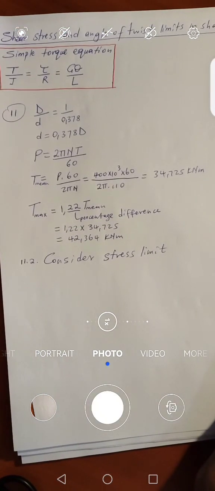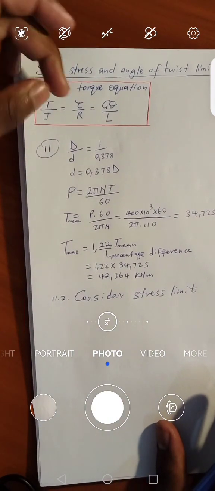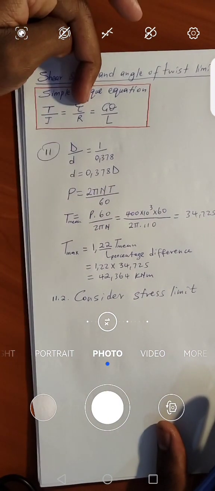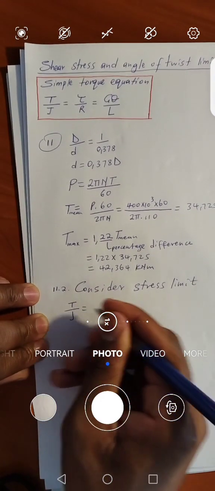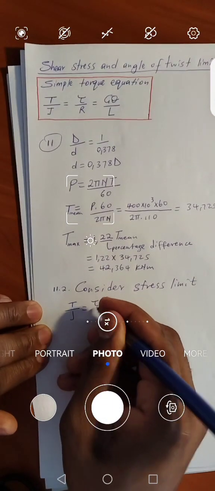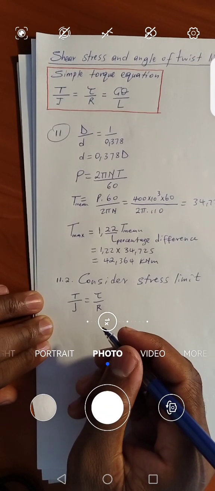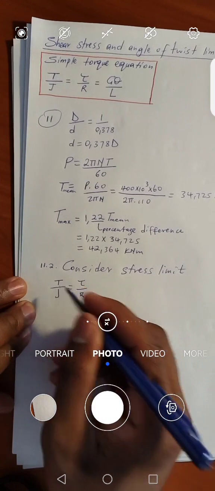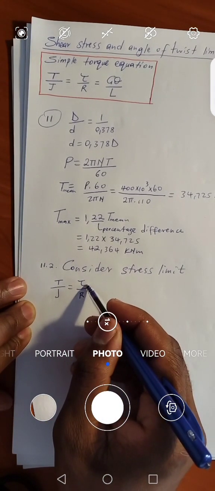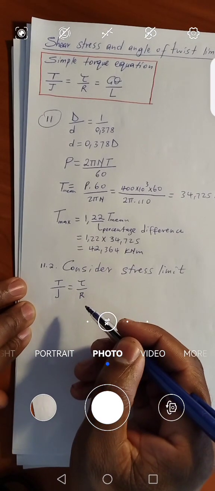If you consider the stress limit, then from this torque equation, we're going to combine this and this. Then you will have T over J equals shear stress over R. You will have the maximum torque, which we calculated already, and shear stress, 70 MPa. R is the radius, and always R is the outer radius.